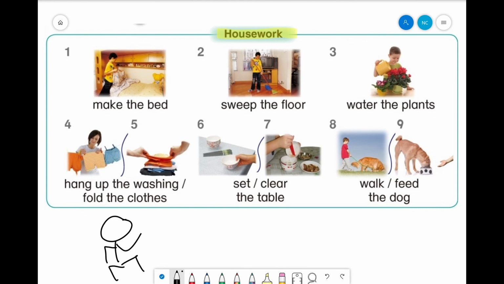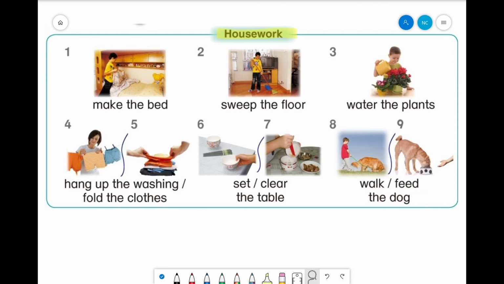And the other part is a noun, the object that you are doing the action to. Sometimes it may not be an object, it may be a person or an animal. Let's point out the verb, the action word of each phrase here.